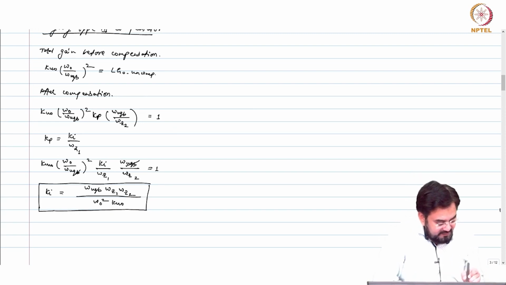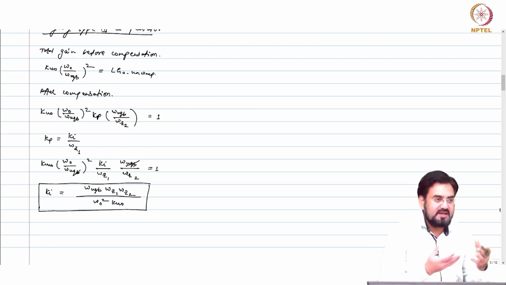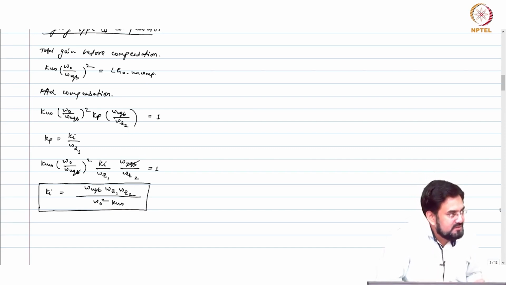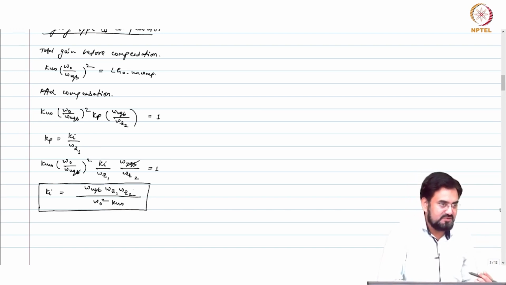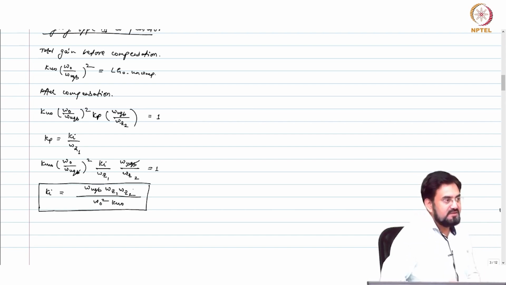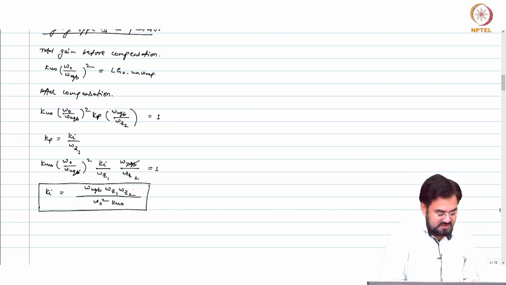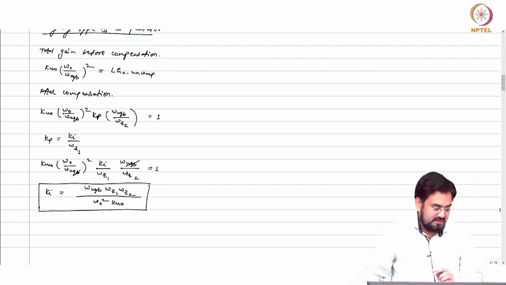Now if I have omega Z1 and omega Z2 both at omega naught, then they will get cancelled out and your Ki will be nothing but omega UGB over KU0. And if you consider omega Z1 equal to omega naught by 2 and omega Z2 equal to omega naught, then it will be half of omega UGB over KU0. Okay, so depending upon how you place omega Z1 and omega Z2, you can find out Ki.